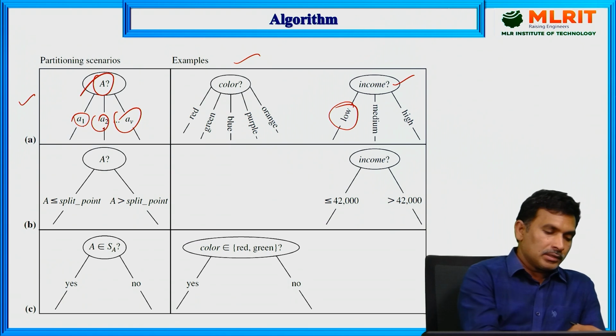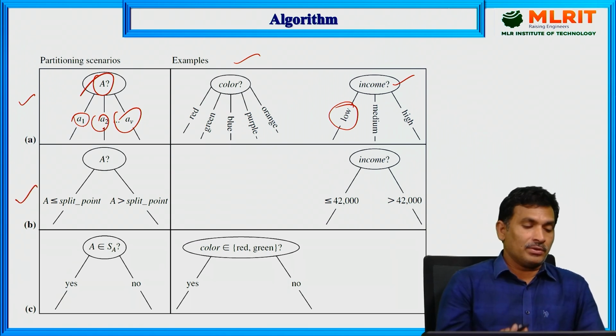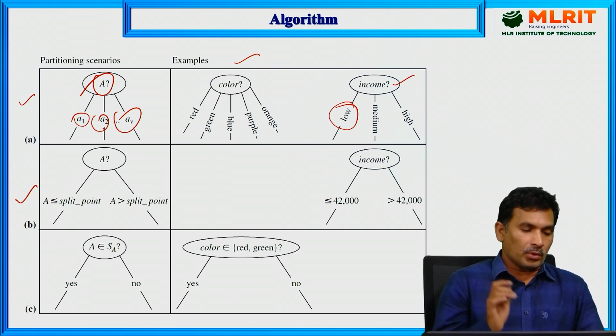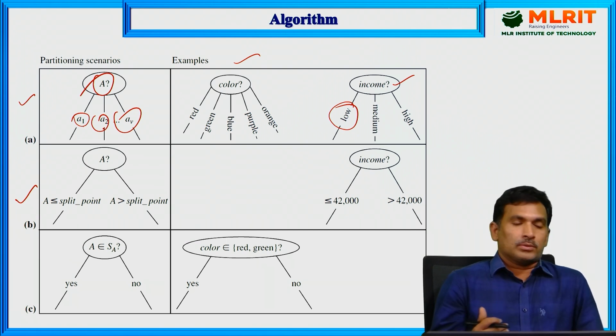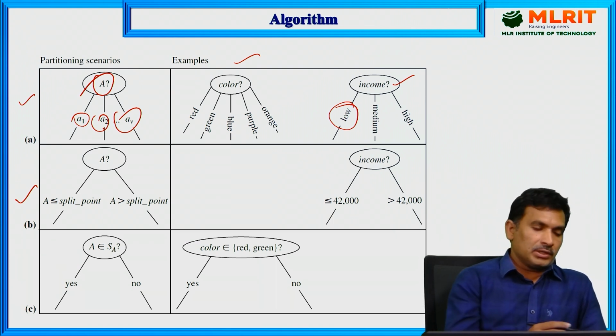The next possibility is that the possible values of the partitioning attribute are continuous. We have to select the partitioning attribute, and that selection returns a point called the split point. Based on that split point, the data is divided into partitions.